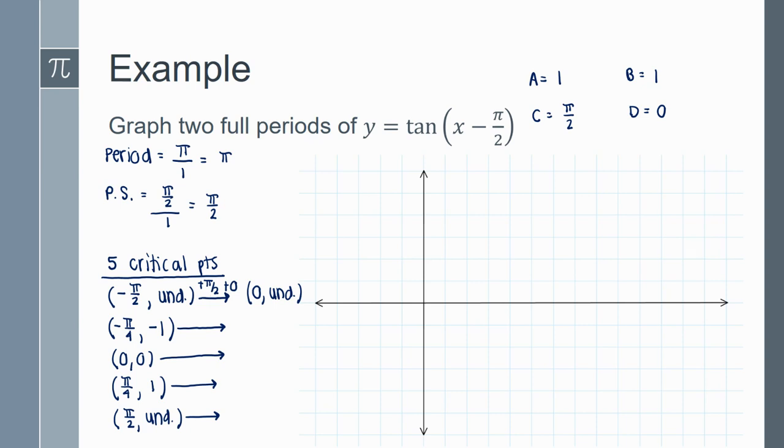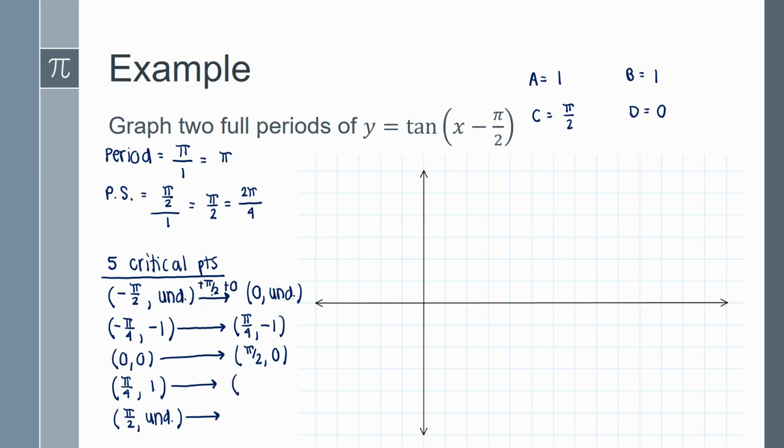So because we have different denominators now, if you need to, think of your phase shift as a denominator of 4, which means that it's really 2 pi over 4. So I'm taking negative pi over 4 plus 2 pi over 4, which gives me a positive pi over 4. And negative 1 doesn't change since I'm adding on 0. I'm going to change 0, 0 then to pi over 2, 0 when I added those.